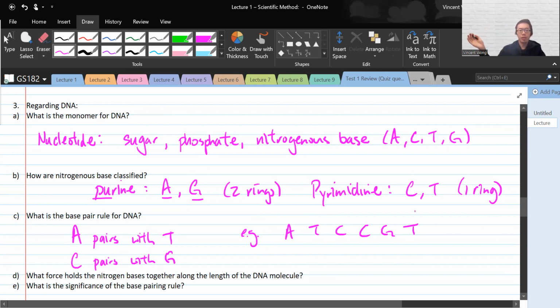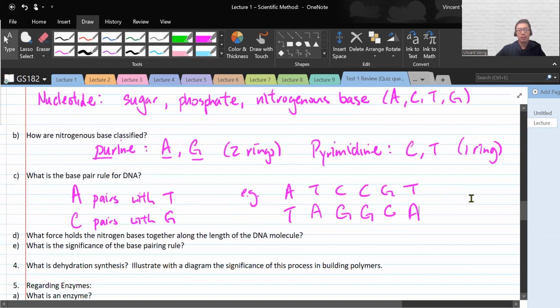Remember, DNA has 2 strands, right? Double-stranded. So what does A pair with? A pairs with T. What does T pair with? A. C will go with G, C will go with G again, and G goes with C. T goes with A. So there we go. If you know one end, you can predict the other end.